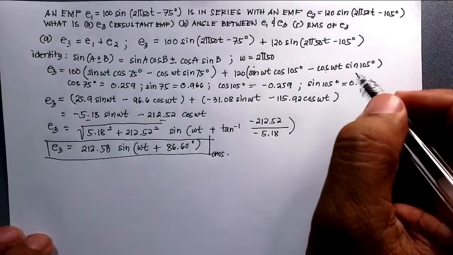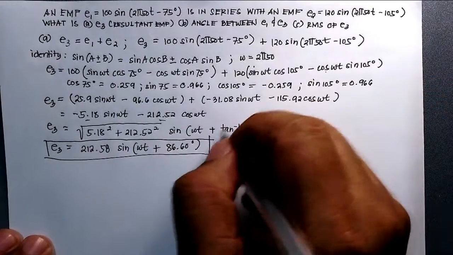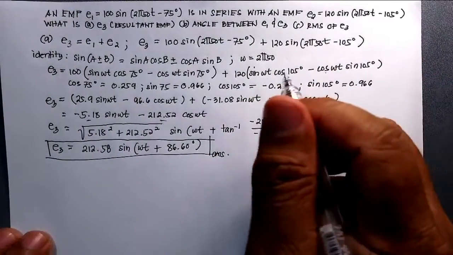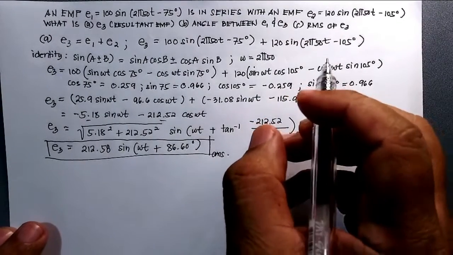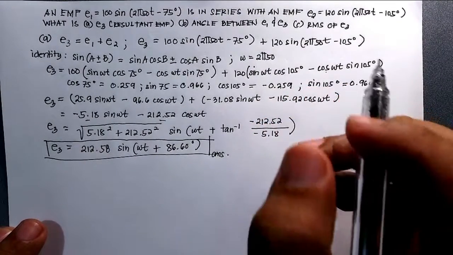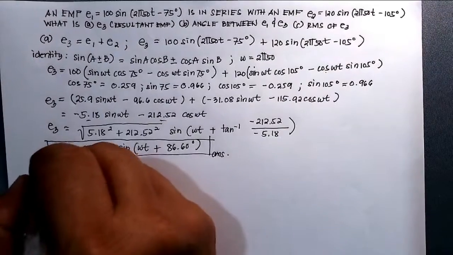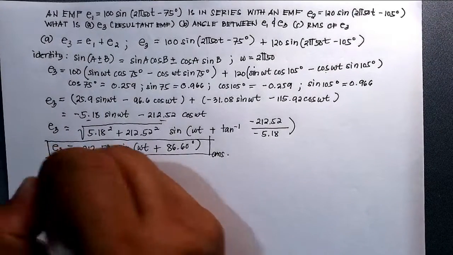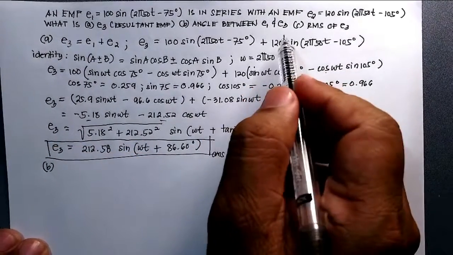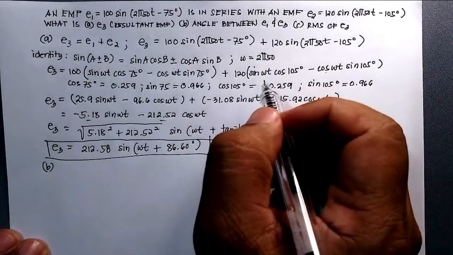After getting the resultant EMF, we go now to letter B. We are asked to get the angle between E sub 1 and E sub 3.